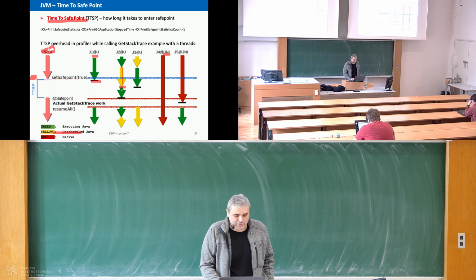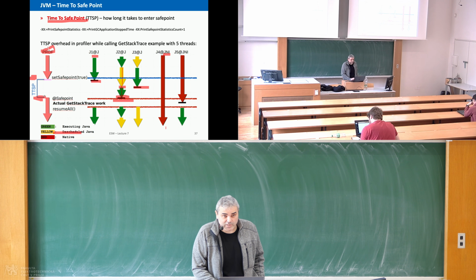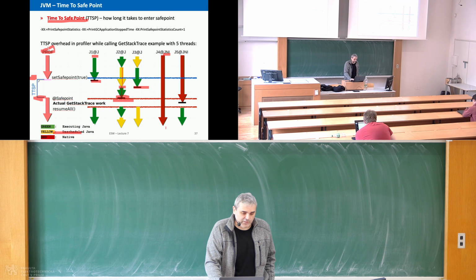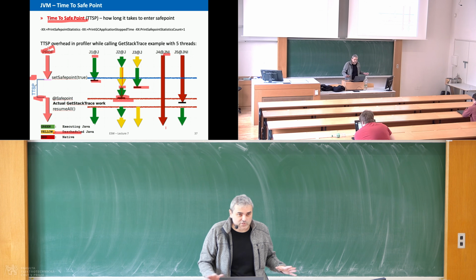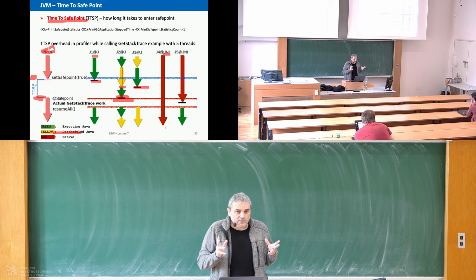After some time it gets scheduled to the CPU, reaches the moment where the save point can be reached, done. This one is the same; the save point is not applicable until it returns back to Java. So this is the moment when the global save point occurs. And this difference between the initiation and the occurrence is the time to save point, TTSP. And that's non-zero in all cases.